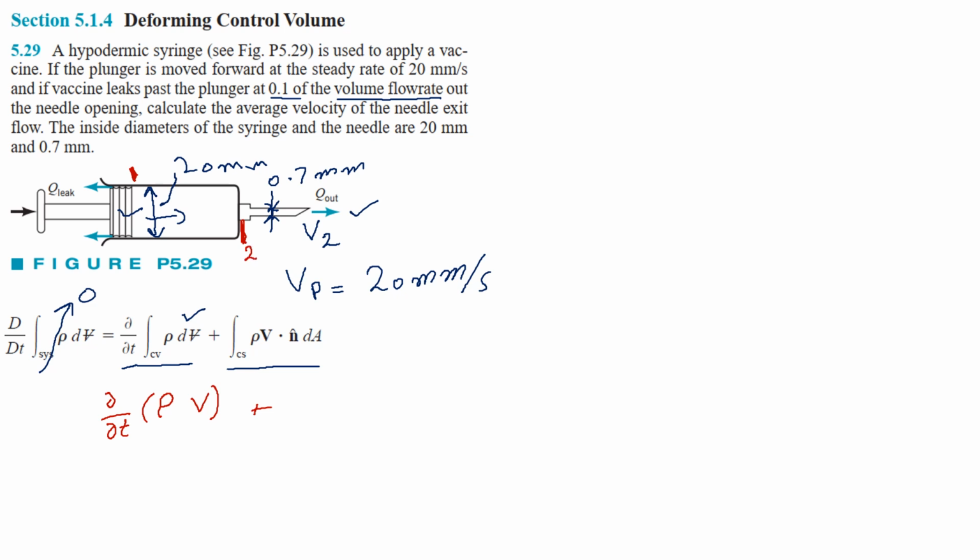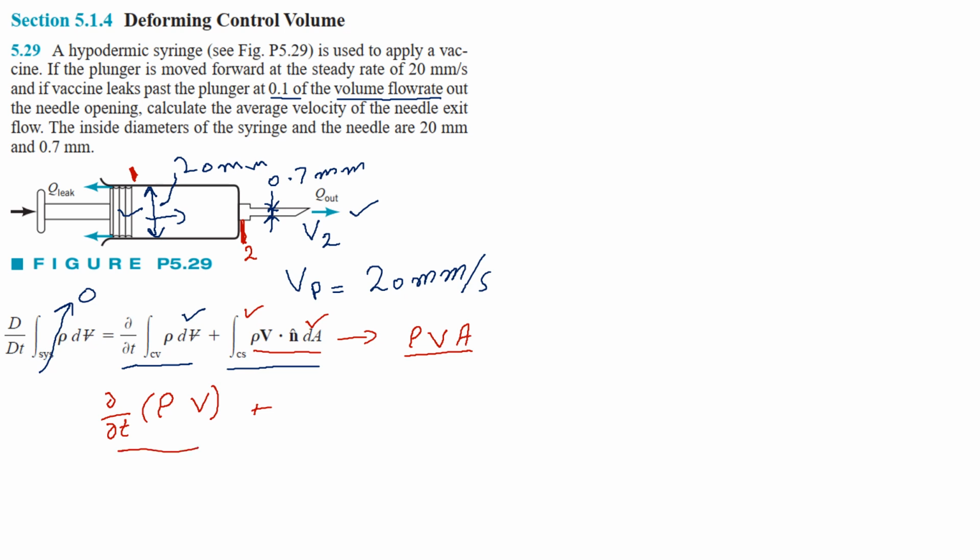So these two control surfaces that I've just taken, now I'm going to write this term for these two control surfaces. If I integrate this again for this differential area, I will get rho V A. So this is my mass flow rate, and in this case the liquid is the same, so the densities are not going to change, so I can take out this term, or maybe not right now because I will need to solve this first.